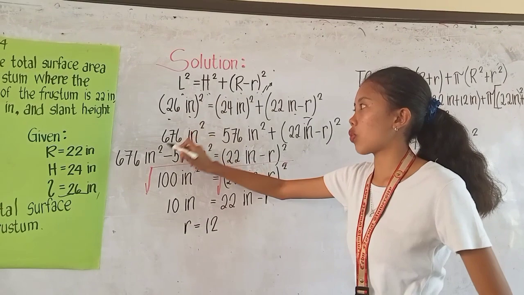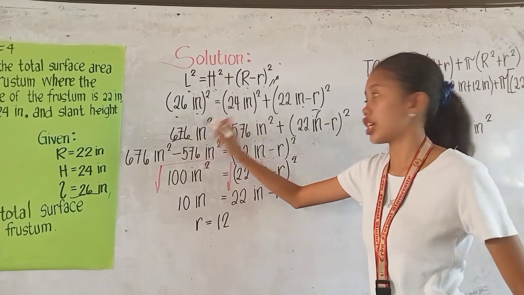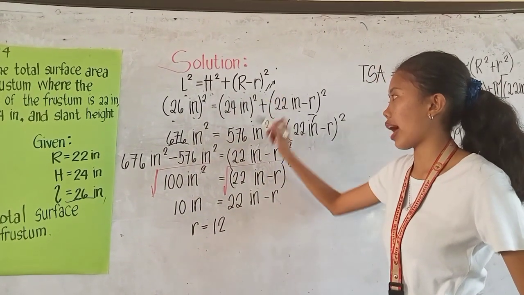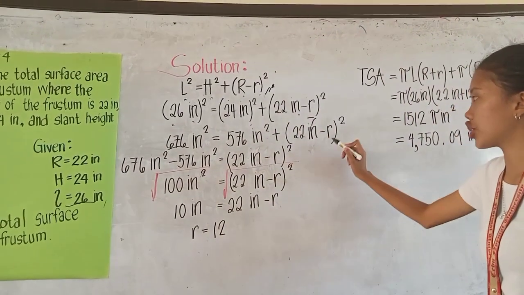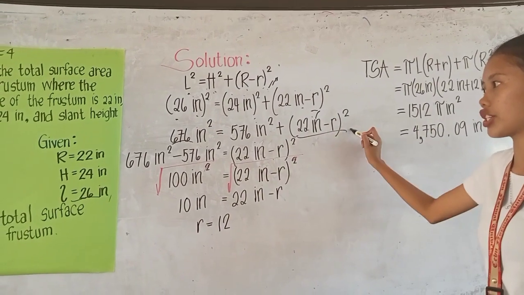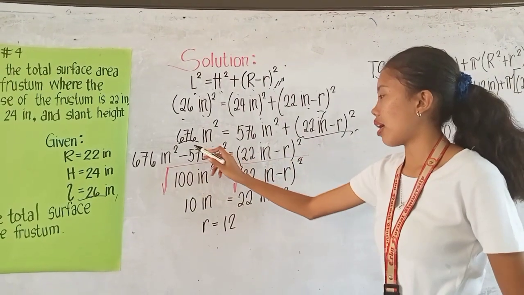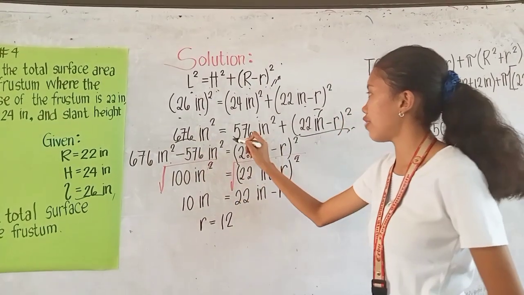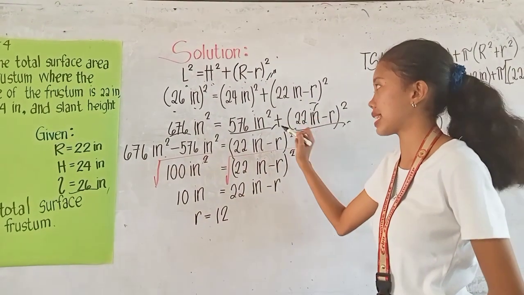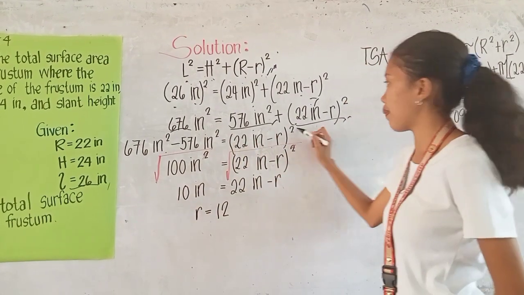So 26 squared equals 676 inches squared, 24 squared is 576 inches squared, plus 22 inches minus r squared. Copy that. Then to subtract, 676 inches squared minus 576 inches squared equals, and copy the other side again.